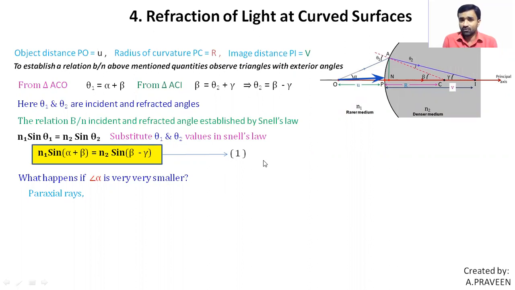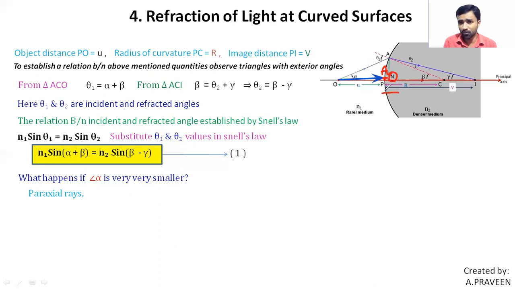Then here, what will we do? We will consider that angle alpha is very, very small, right? So we can consider this point very, very near to the principal axis. So the point A is brought very close to the principal axis. So what about this N?